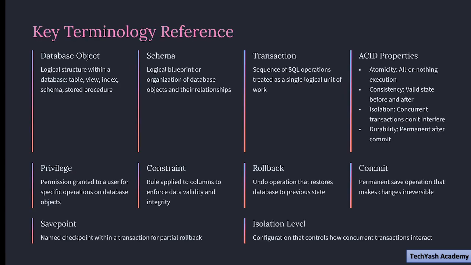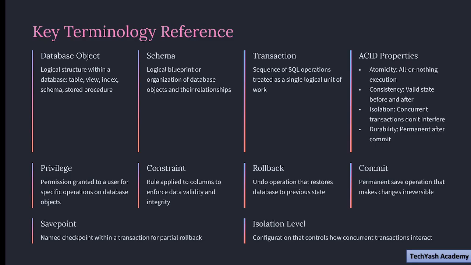The key terminologies for reference: database objects are logical structures within a database, such as tables, views, indexes, schemas, and stored procedures. Schemas are the logical blueprint or organization of database objects and their relationships.